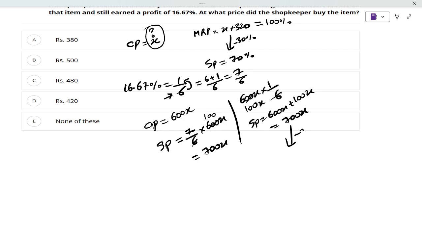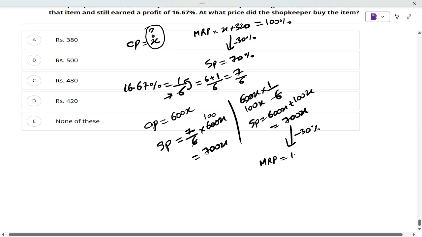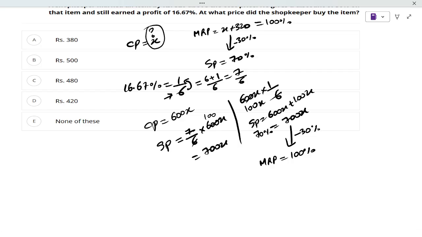Yes, after 30% discount. From where? From the market price. So if market price is 100%, that means the selling price becomes 70% or no? Because 30% was given discount. Yes. So now this 70% is equal to 700.